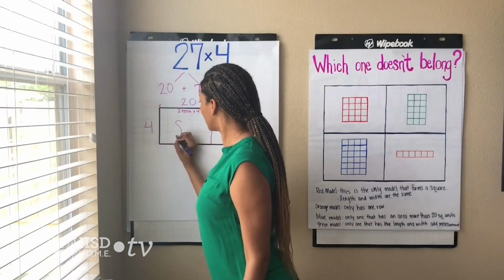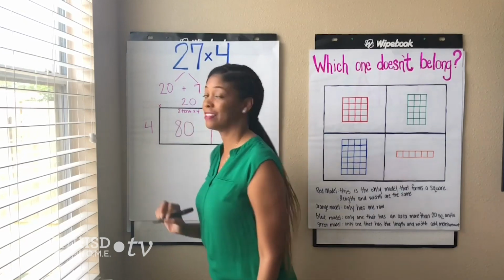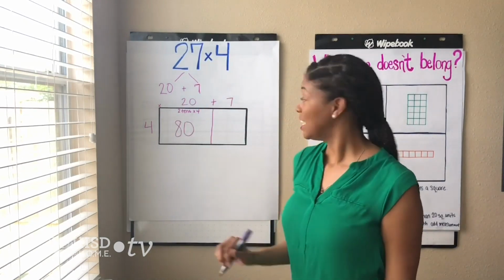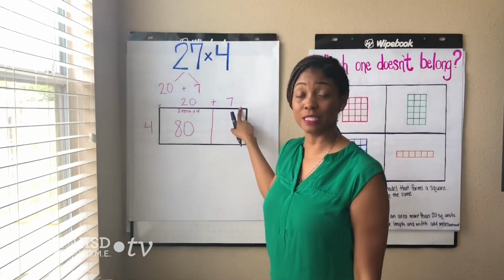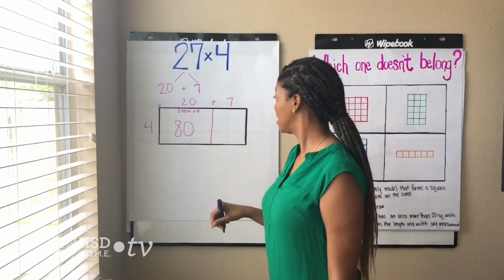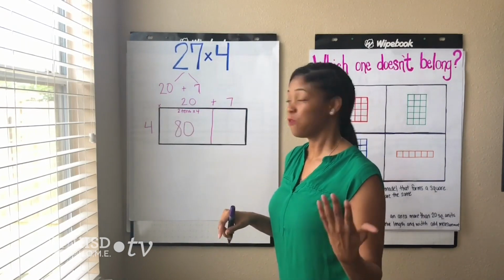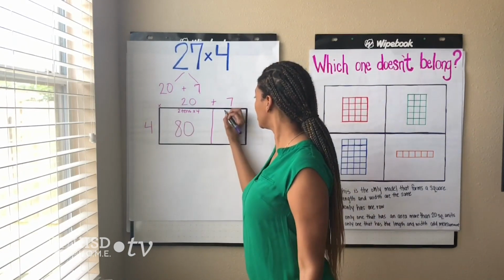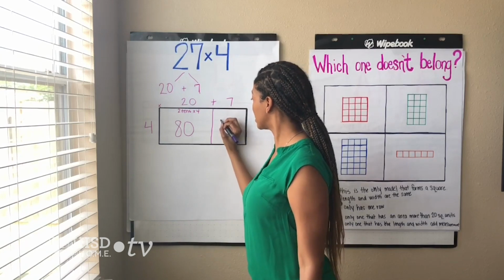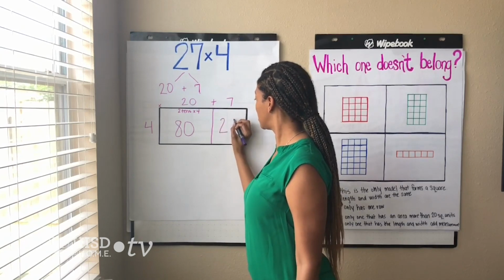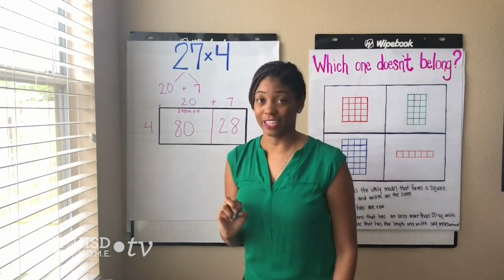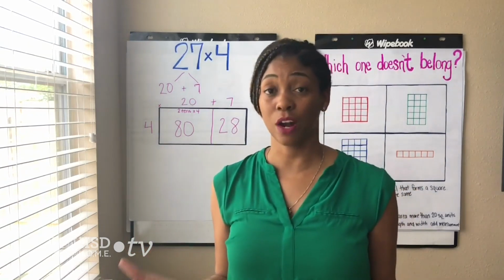So that way I know that my value is 80. And now I'm going to go to my next partial box. And so now I have 4 times 7. 4 times 7, which is 7 1s, is going to give me 28. So now I have my 2 partials.